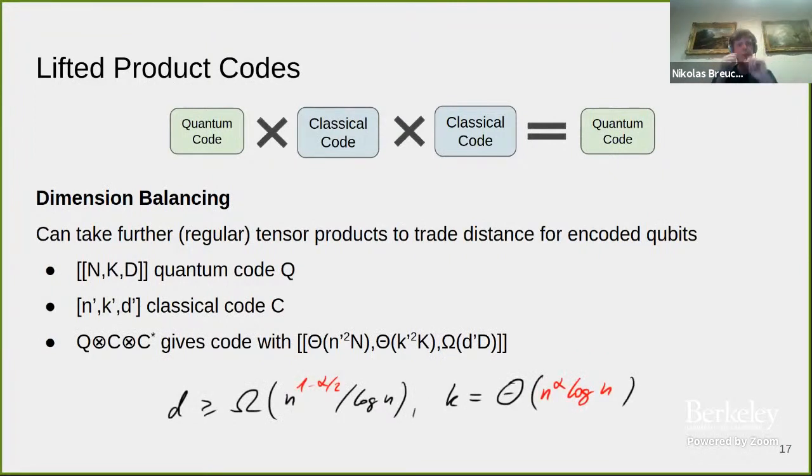And since we can control the parameters of the classical code very easily, we can make a trade-off between the distance of the code and the number of encoded qubits. So they introduce this parameter alpha, which is between 0 and 1, and we can essentially interpolate along this line of how we want to choose our number of encoded qubits versus their protection, aka the distance.